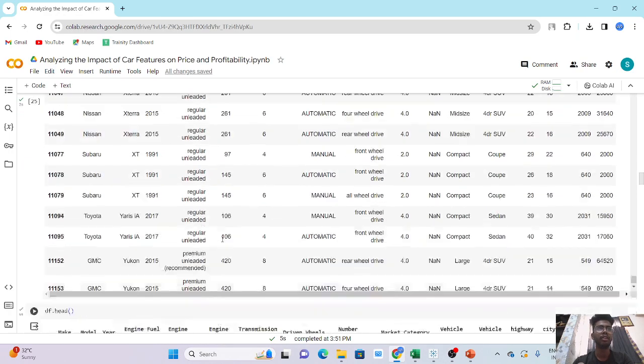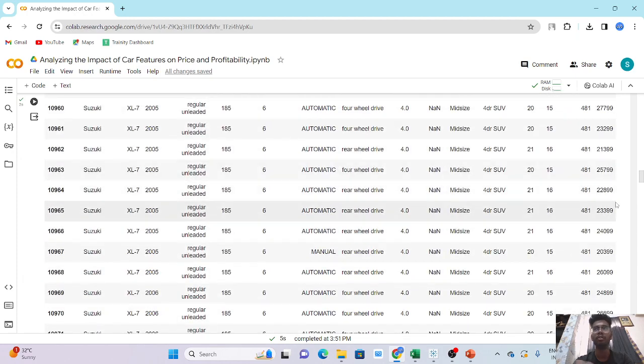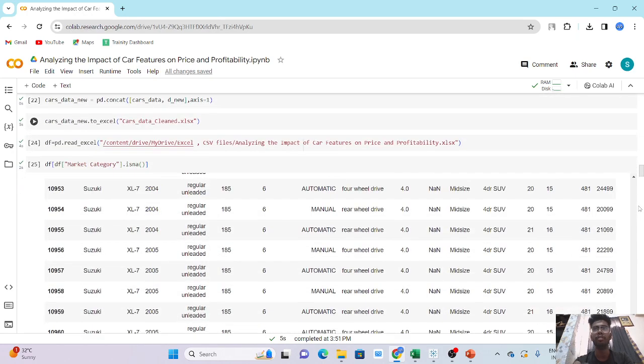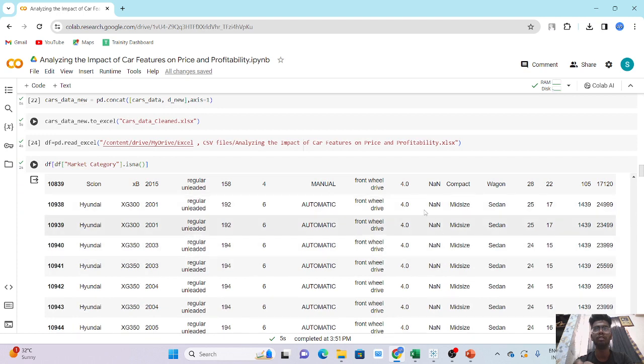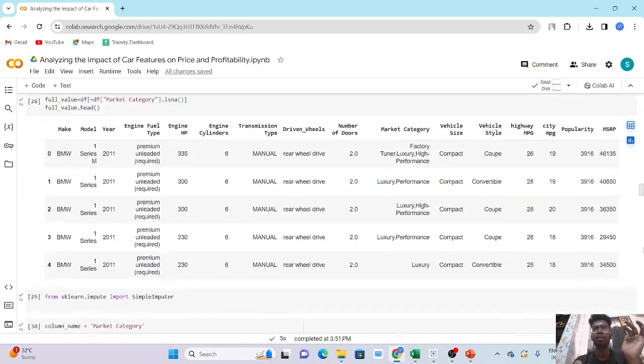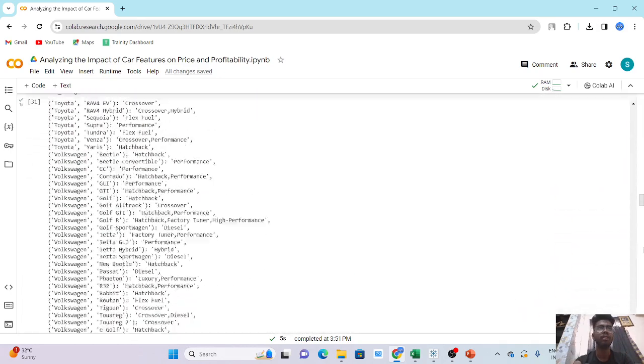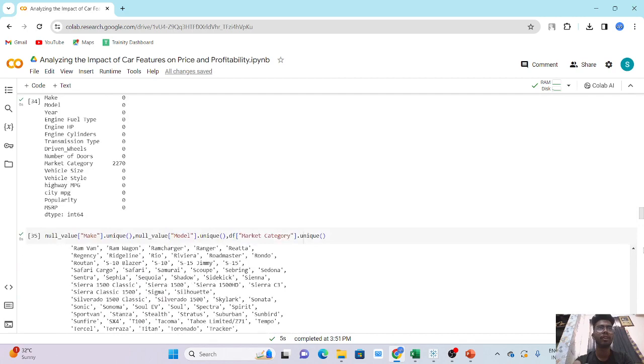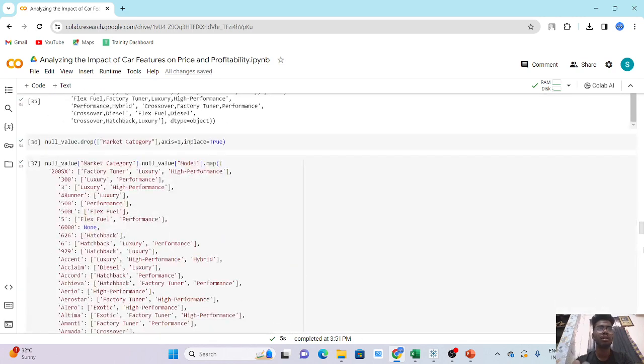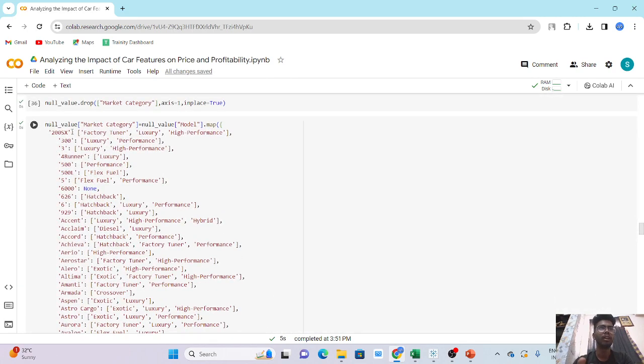You can see that these are all null values. We are going to impute them, so we searched on the internet. These are all the market category values that we replaced the null values with.